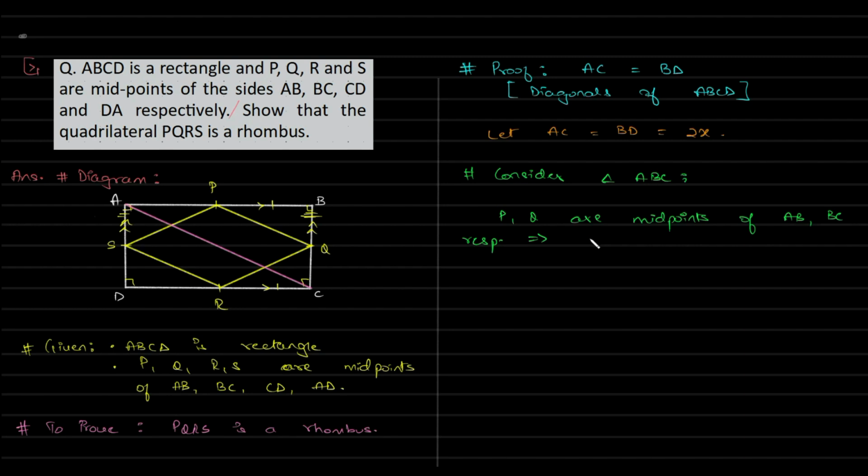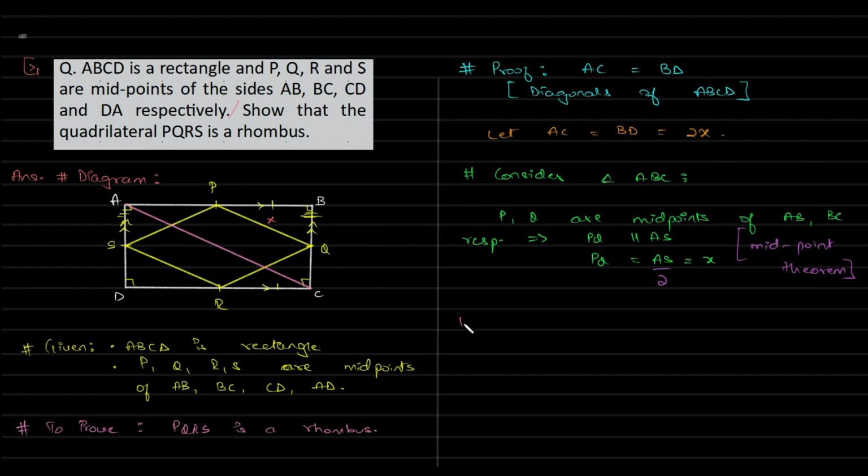So we can conclude that PQ is parallel to AC and PQ is half of AC, so they will be equal to x. The reason being midpoint theorem. Okay, so we proved that this is x.